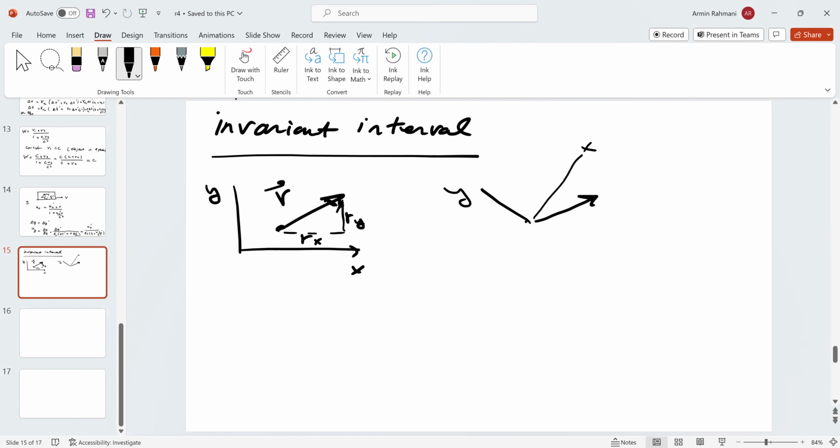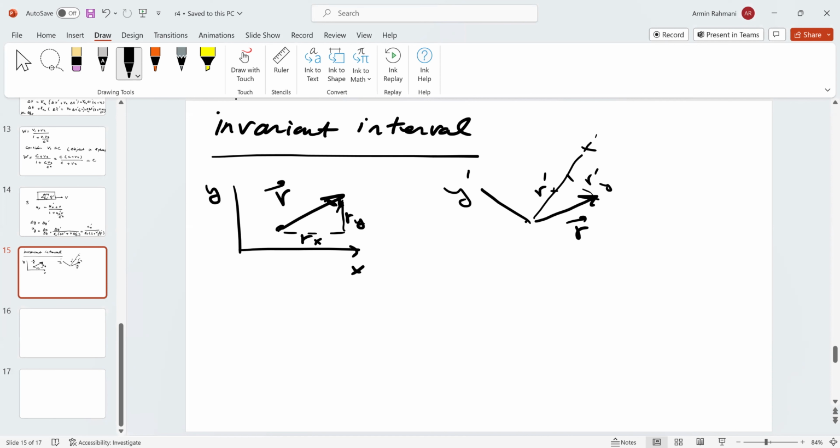Let's call the axes x prime and y prime. It will have different components, so it gets transformed according to some rotation, say r prime x, r prime y, which is in this case negative. But the length of this vector is the same.